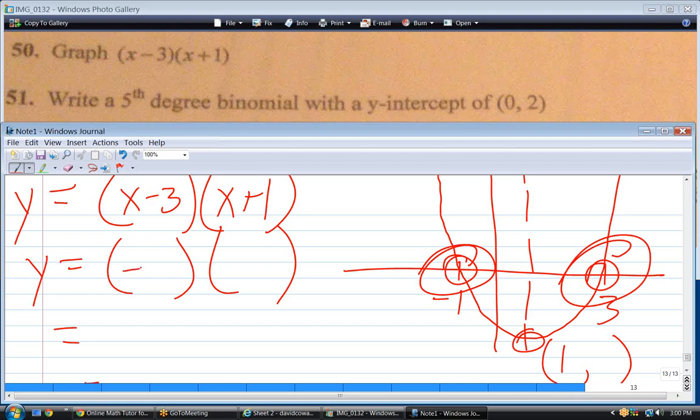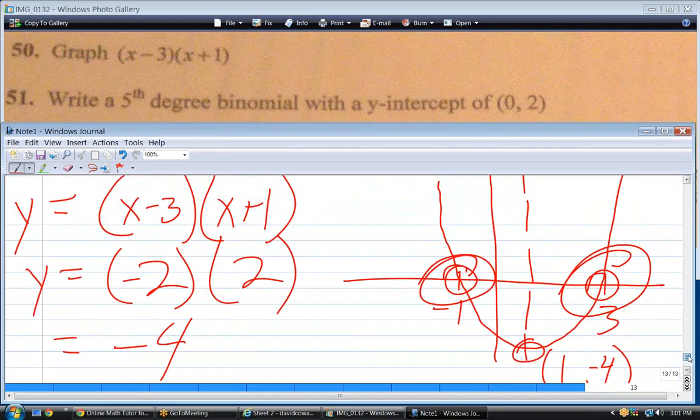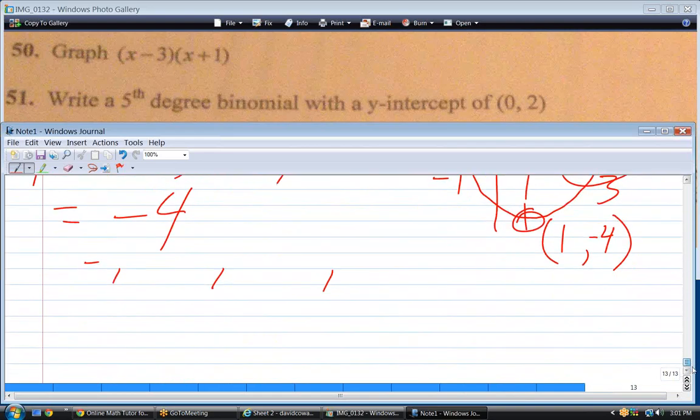So it'd be -2 times 2. It'd be -4. Thank you, David. And that's the way you do parabolas or quadratics.